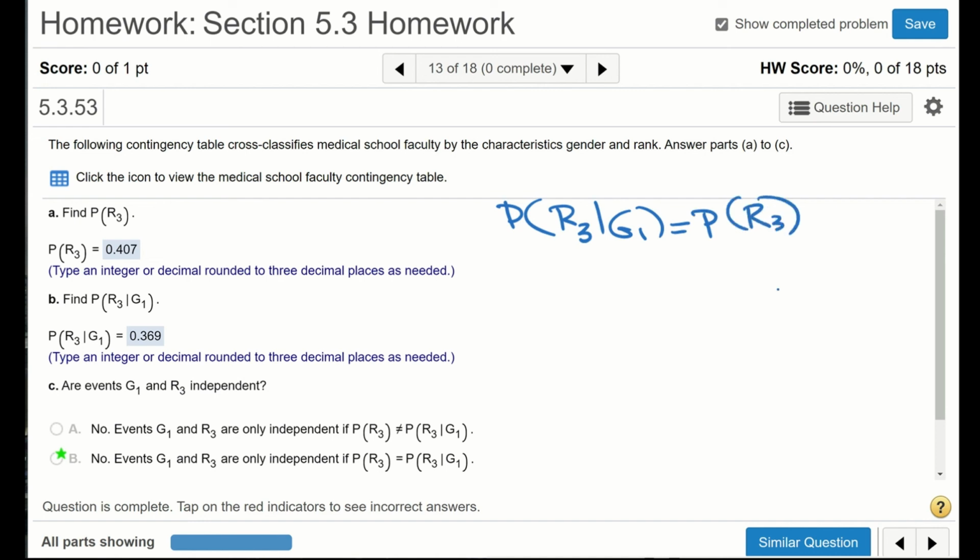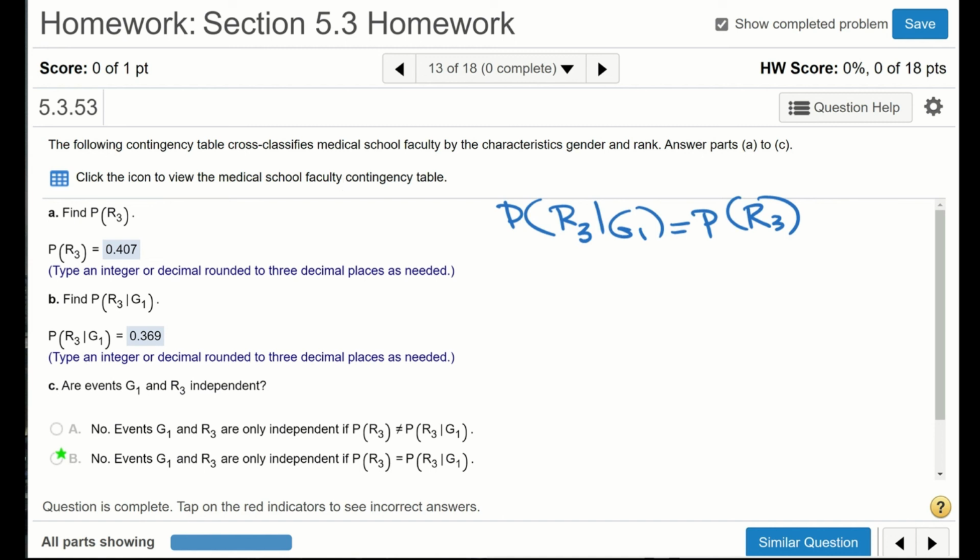Remember, that means G1 basically would have no effect on R3. But if you notice here, we just determined that the probability of R3 given G1 is different from the probability of R3, right? So that means G1 does affect R3, so therefore the events are not independent. Okay, that's how you determine whether two events are independent or not.